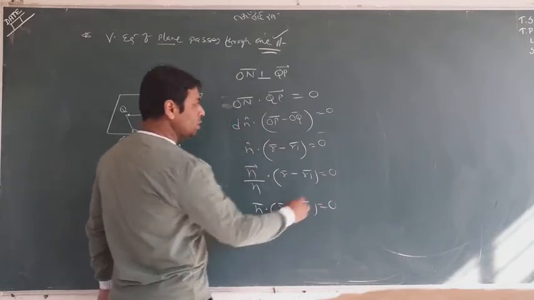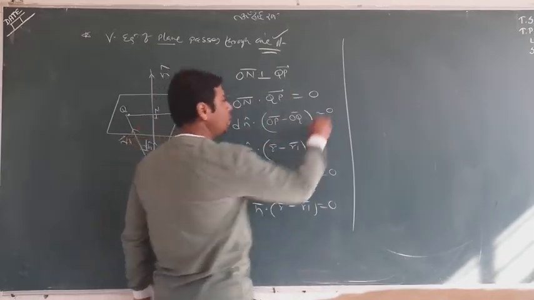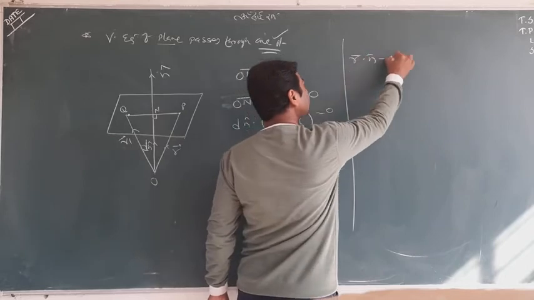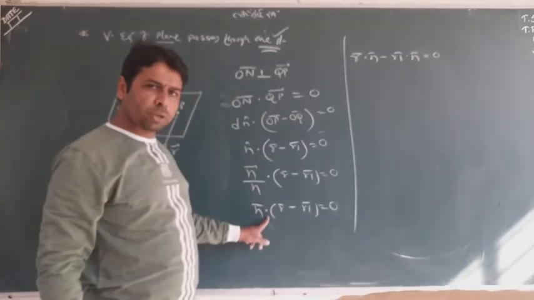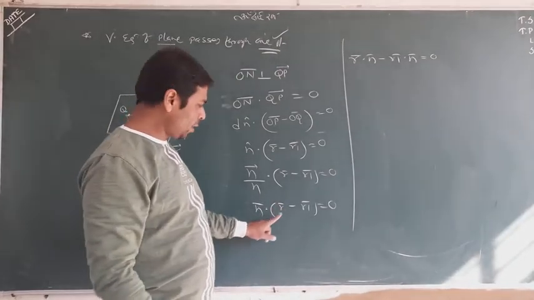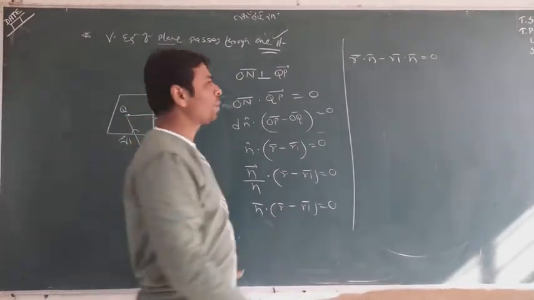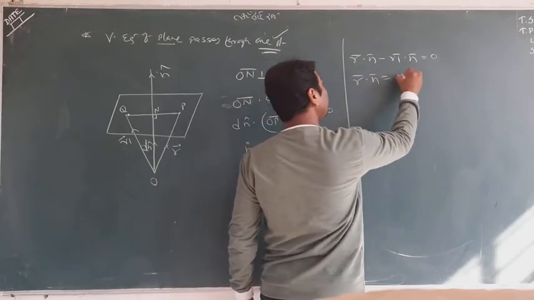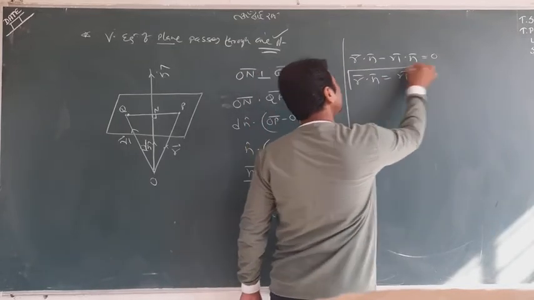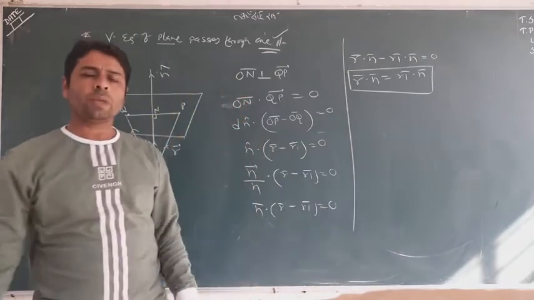Now multiply this as a dot product. So it's going to be r dot n minus r1 dot n. And don't bother about the dot product, it is commutative. So I could write first this and second this: r dot n, r1 dot n. I transfer this to the other side. r dot n equals r1 dot n. This is the formula.